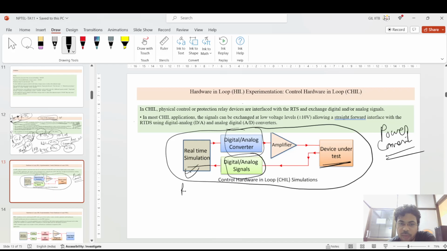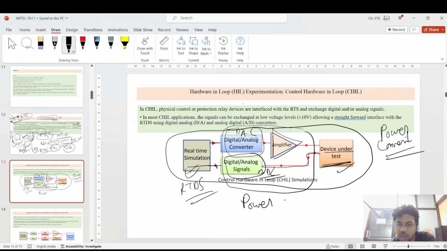In the real-time simulation happening in the RTDS system, suppose you are transferring a digital signal using the DAC converter. Then you can amplify that signal, because it's a low analog, noisy signal. It can be sent to the device under test, and it can be received from the device under test using an ADC converter, and it is fed to the RTDS system.